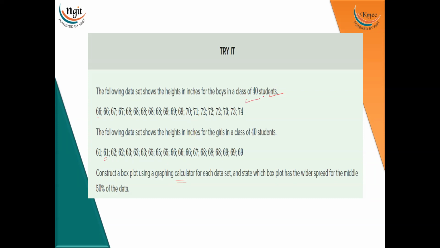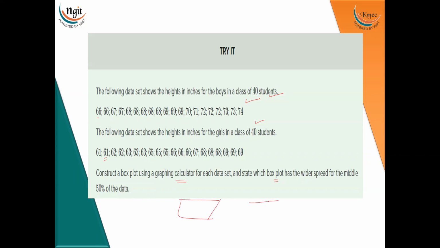One is for boys' heights in inches and one is for the girls' heights in inches, and come to a conclusion on which box plot has a wider spread for the middle 50% of the data.